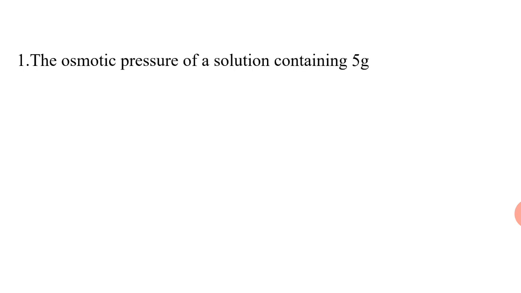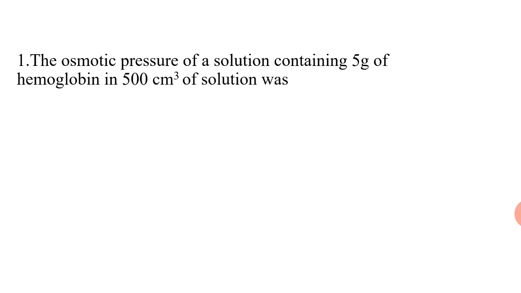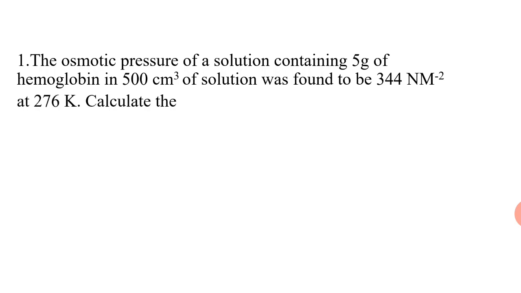First, the osmotic pressure of a solution containing 5 gram of hemoglobin in 500 cm cube of solution was found to be 344 Newton per meter square at 276 Kelvin. Calculate the molar mass of hemoglobin. Before solving, first write down the given data.